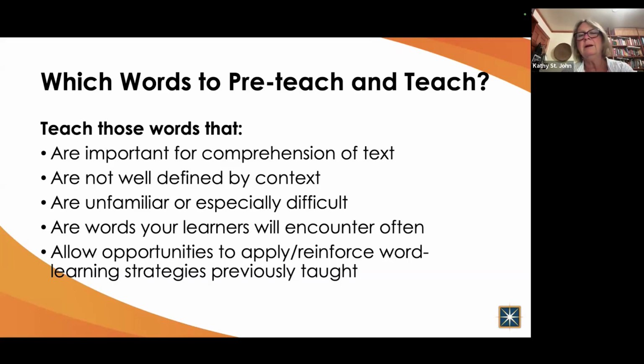Words that are unfamiliar or especially difficult, you're going to focus on. Don't spend time on words that aren't relevant to your learners' lives. You want to make sure that once you introduce them to the meaning of the word, they're going to see it and have experience with it after that fact.